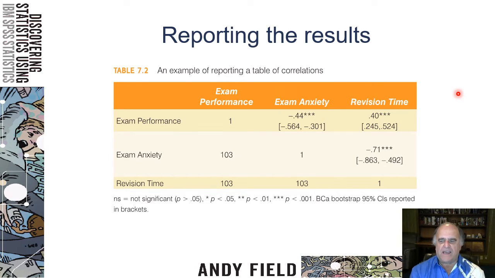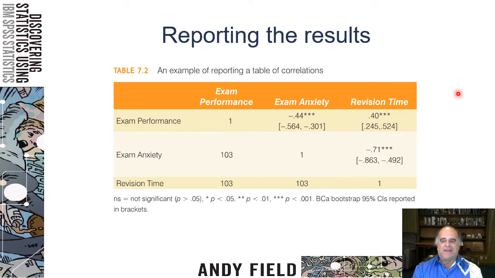I will say one of the things Field really doesn't, I think, talk about is that to really estimate the population correlation coefficient, we would want to then adjust these correlations for attenuation or lack of reliability, and also any restriction of range.